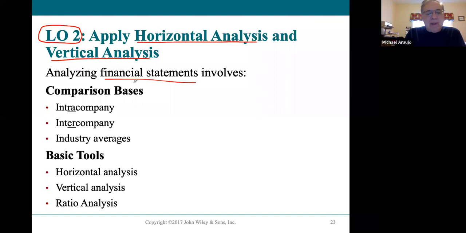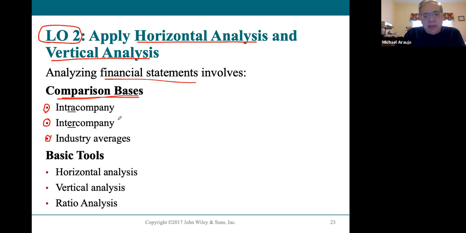We need to actually make sure we have some type of base in which to compare, right? And so you can use intra-company, intercompany, and industry averages to do your comparison to how your company is doing.